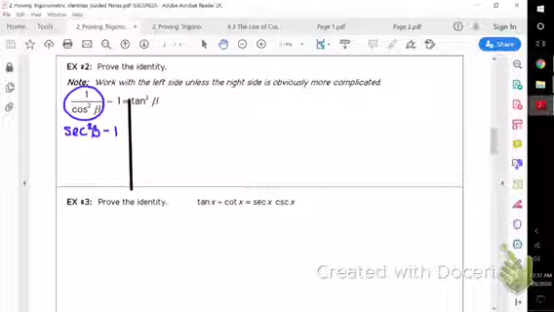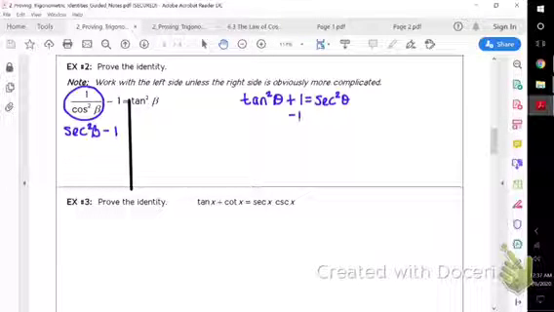But wait, there was an identity, and hopefully you've all already done this. I've asked y'all to. That said that tangent squared of theta, or x, I don't remember which one we used, plus 1 equals secant squared of theta. And so I'd asked you to go ahead and work all these so it'll be easy for you to identify getting each part by itself.